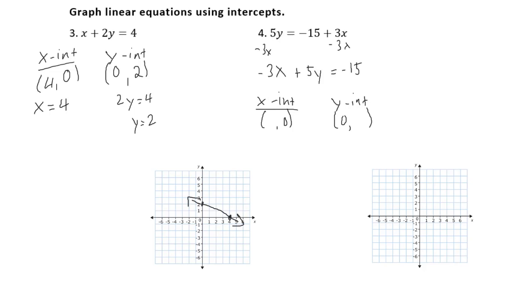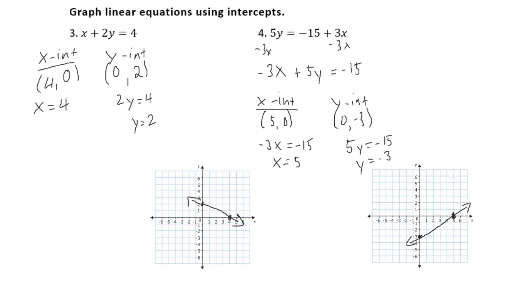And so if we plug in 0 for y, we get negative 3x equals negative 15. Divide both sides by negative 3, and we get x equals 5. For the y-intercept, plug in 0 for x. So then you have 5y equals negative 15. So y equals negative 3. Plot that negative 3 as your y-intercept. Plot that 5 as your x-intercept, and connect the points. And there you go.